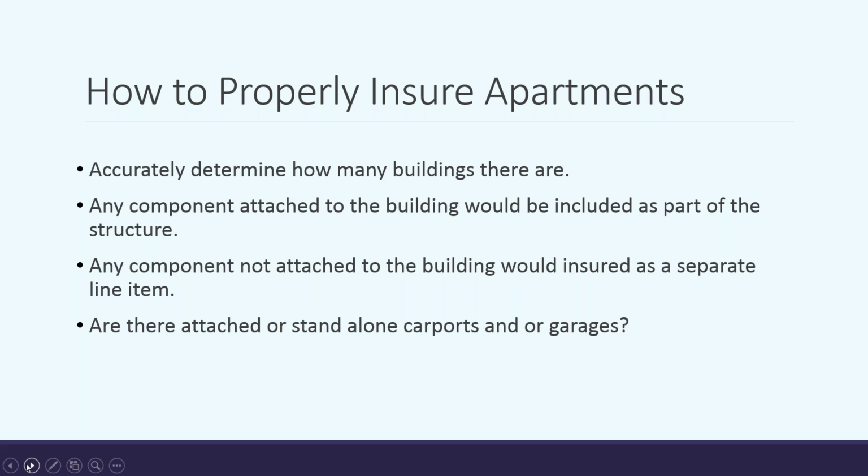It could be some kind of garbage dumpster. It could be you name it. There could be something attached. So if it's attached, it needs to be insured as part of the building. Any component that's not attached needs to be separate, right? It needs to be a separate line item with a separate value attached.